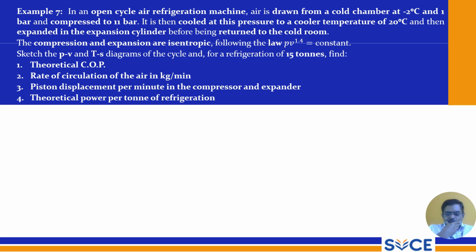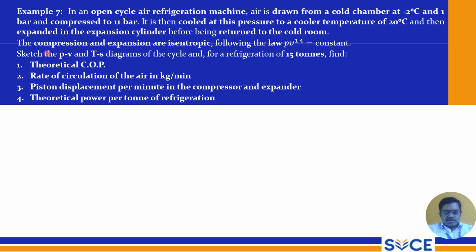So next example is on an open cycle air refrigeration machine. Air is drawn from a cold chamber at minus 2 degrees Celsius and 1 bar and compressed to 11 bar. It is then cooled at this pressure to a temperature of 20 degrees Celsius and then expanded in the expansion cylinder before being returned to the cold room.